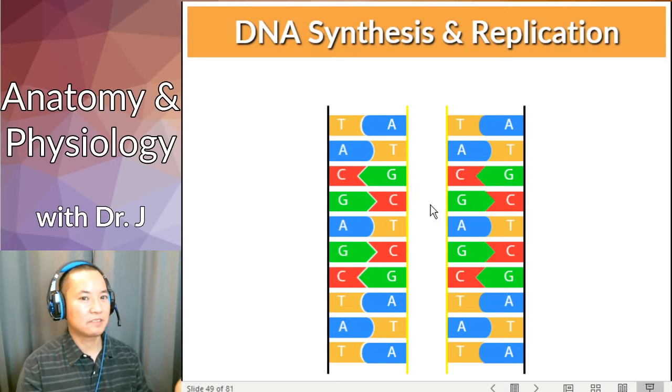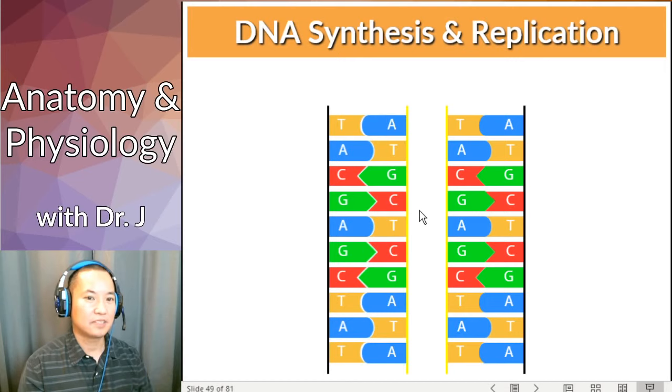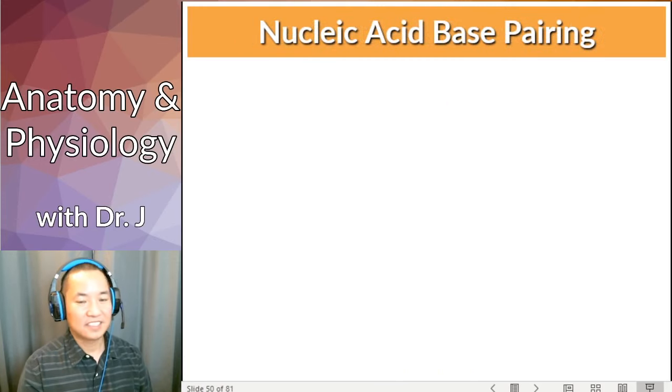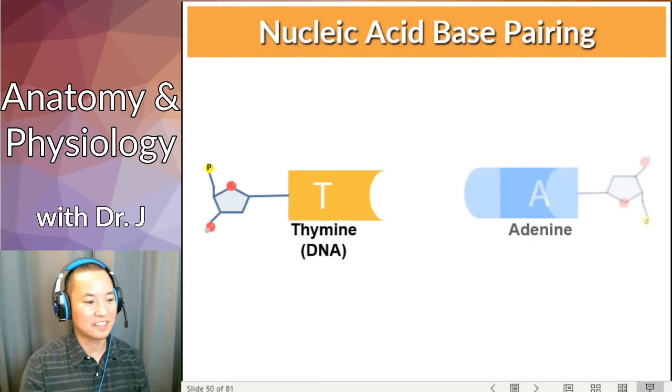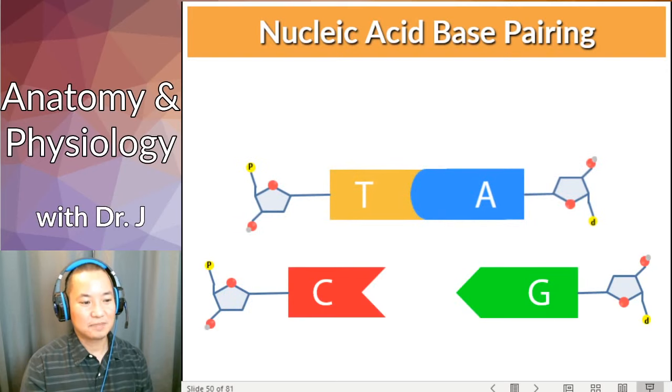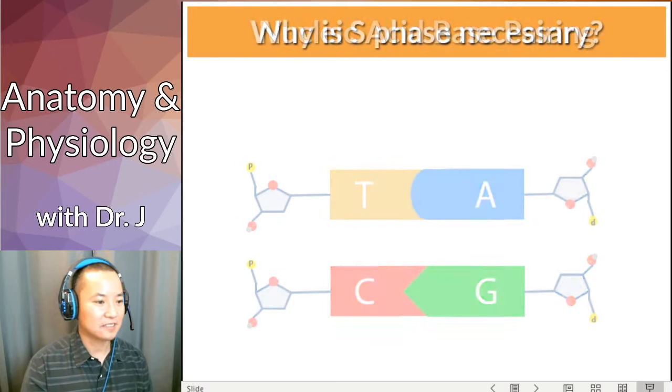So this is why base pairing is very important. This is how you copy information exactly when you're doing DNA synthesis, or transferring that information from DNA to RNA. So again, this is why I make a big deal about nucleic acid base pairing. This is how you make new DNA molecules that are exact, and how you copy that information from DNA to RNA. So again, A binds to T, C binds to G.